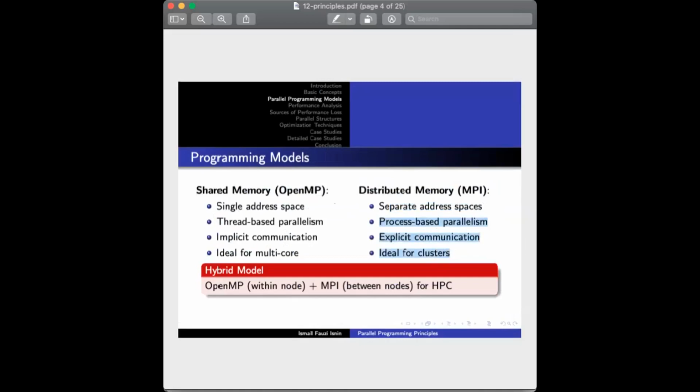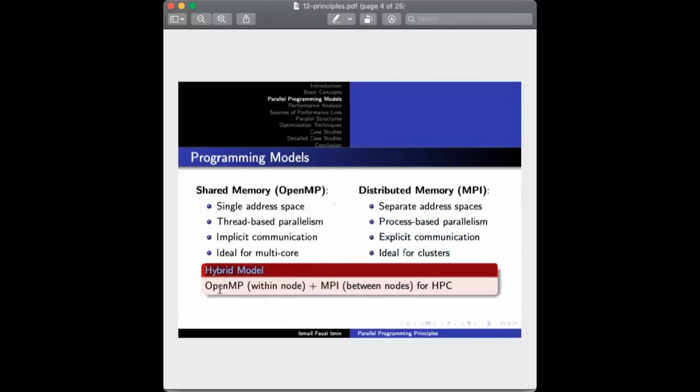And then for modern high performance computing right now, we leverage what they call a hybrid model. We combine OpenMP and MPI. This combines both worlds by running thread-based OpenMP within a single compute node to handle local processing, and process-based MPI between individual nodes to manage network communication across the cluster.